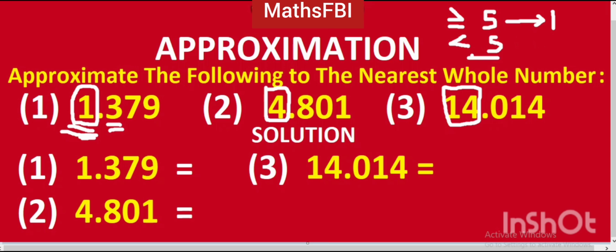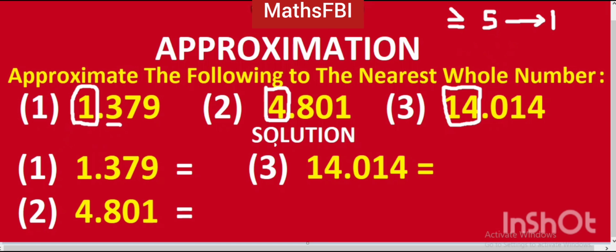You round it down to 0, and so you add the 0 to the whole number we are approximating. Now, these are very important.